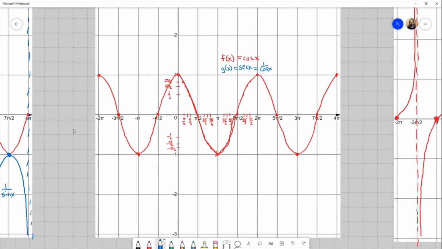So if I look at the zeros on the graph of cosine, I could draw some vertical asymptotes for secant wherever the graph of cosine goes through the x-axis. The graph of secant will have a vertical asymptote.